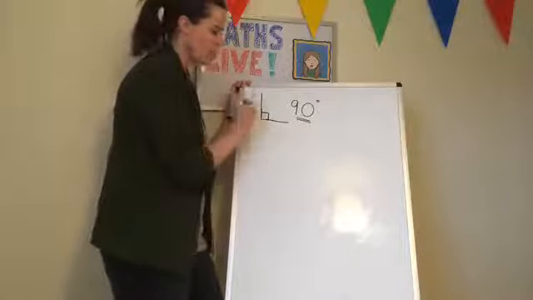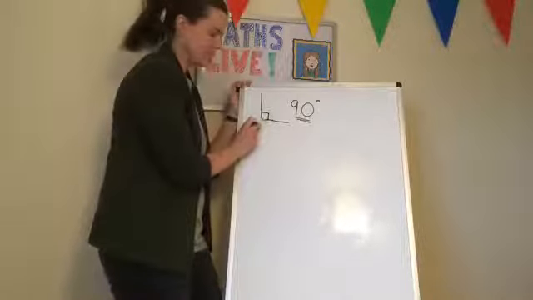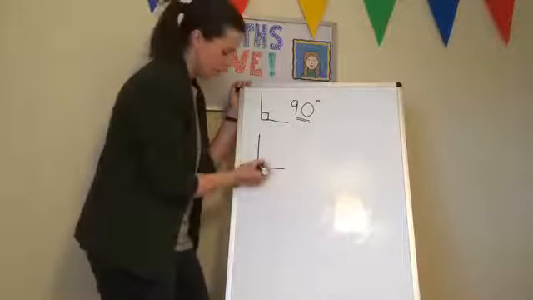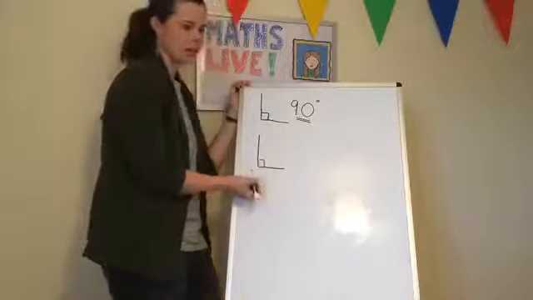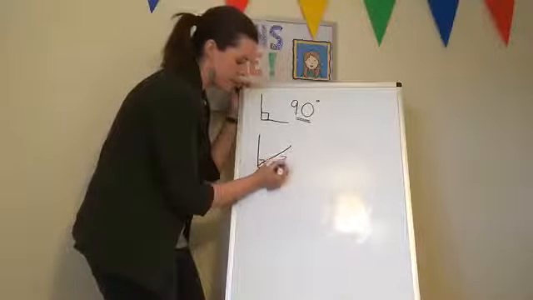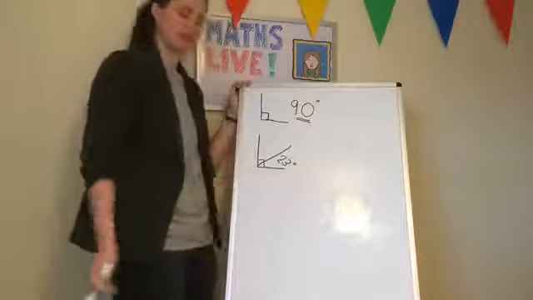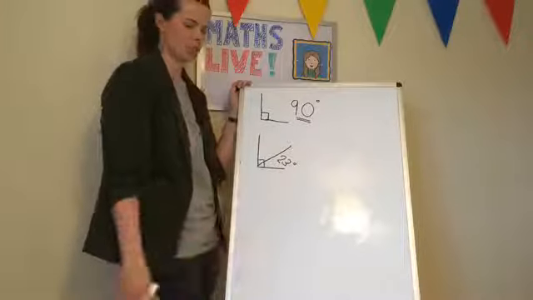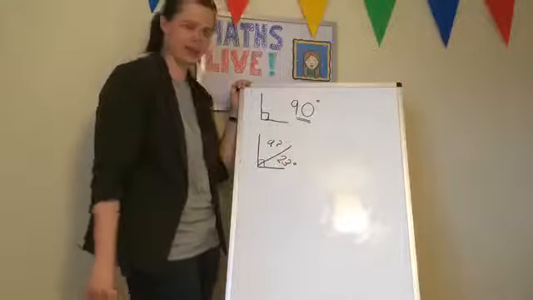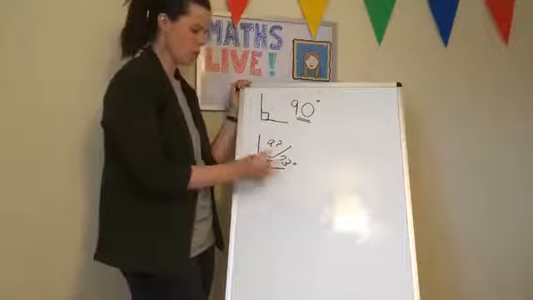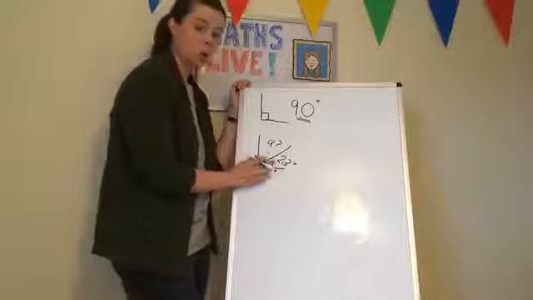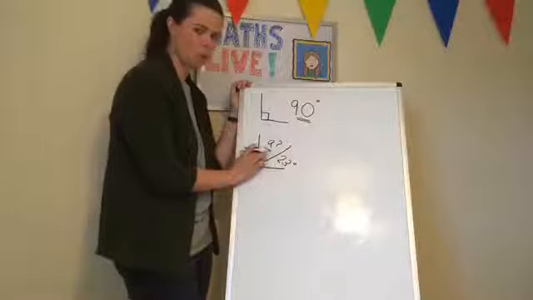So, if we know that that is 90, we might be given a question like this, and it might say, right, this angle here is 23 degrees. What is the size of angle A? Now, we know that the whole thing together is 90. We've been told that this is 23, so we need to work out what this is.